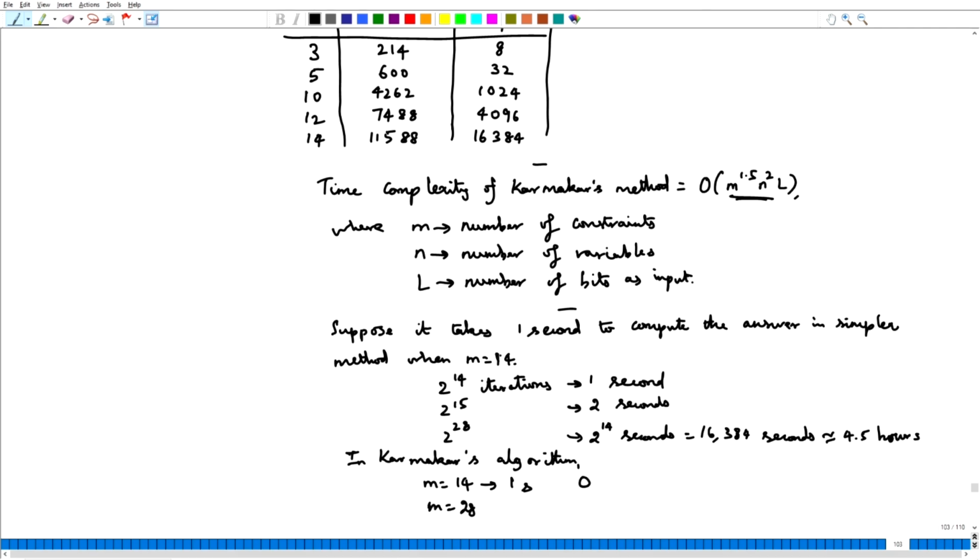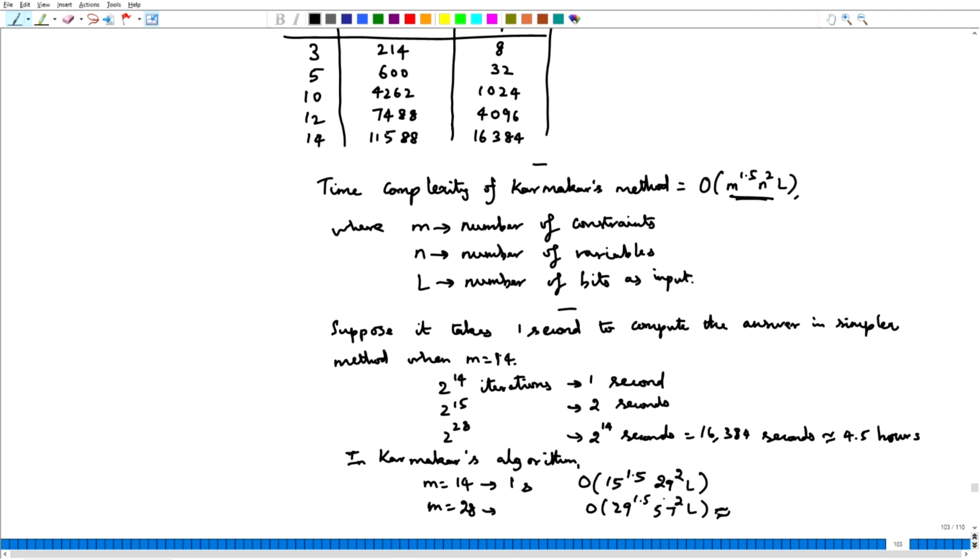So, this was O of m power 1.5, where m is the number of constraints, so that is 15 power 1.5, and n was 2m plus 1, which is 29, 29 squared into L. So, for 28 it will be O of 29 power 1.5 and 57 squared L. 29 by 15 is roughly 2, slightly less, but approximately.